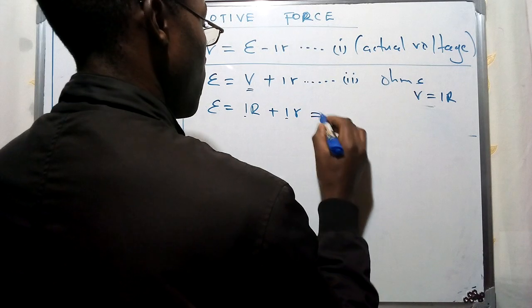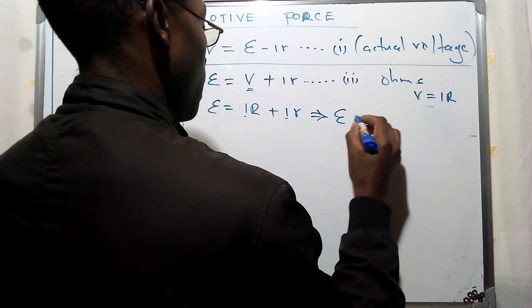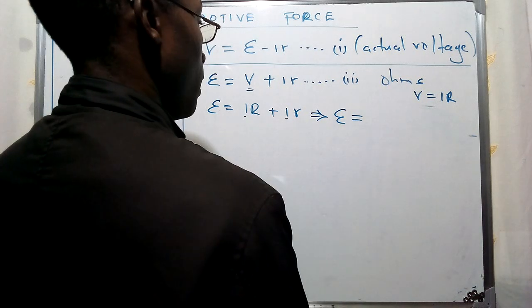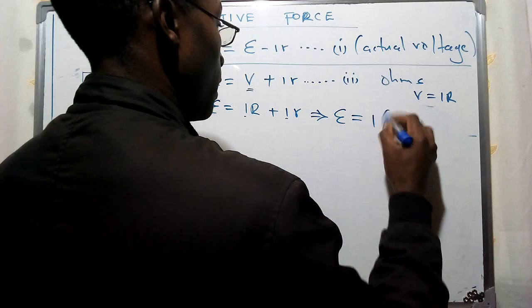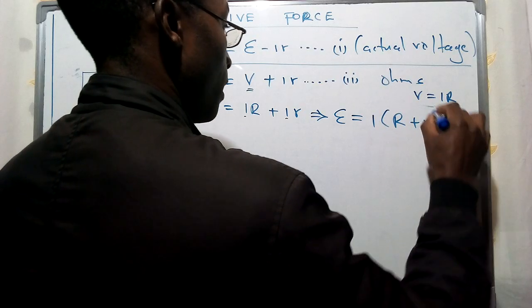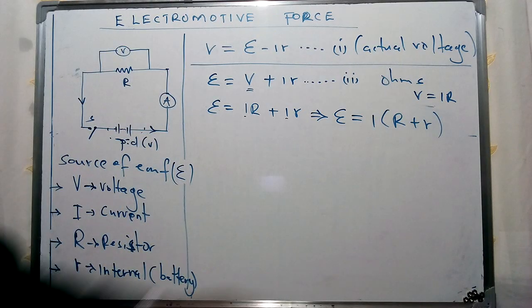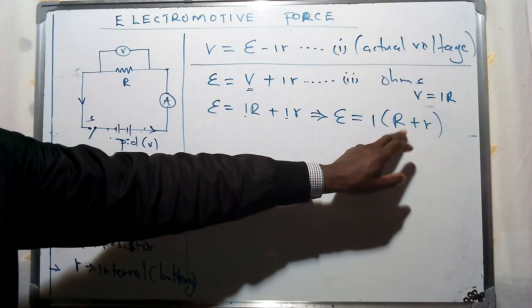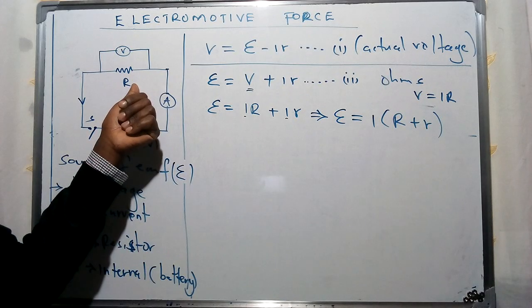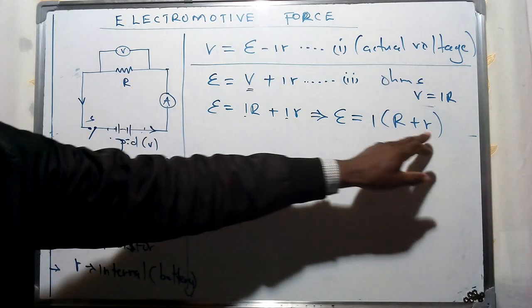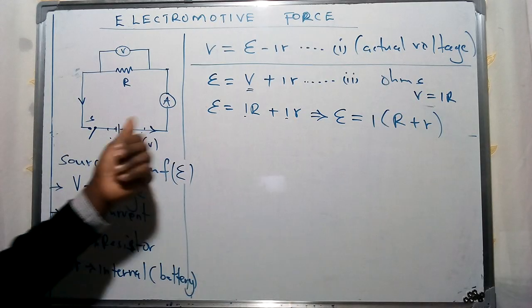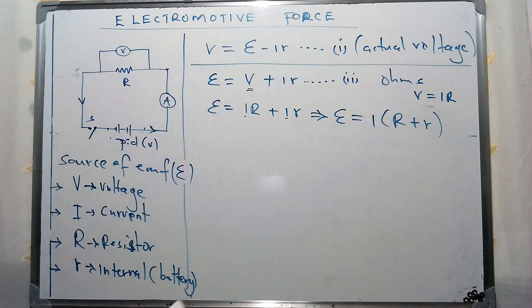So E is equivalent to the current times R plus r. This constitutes the sum of the resistances, where r is the internal resistance due to the resistance of the battery.